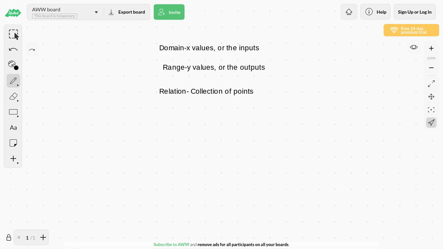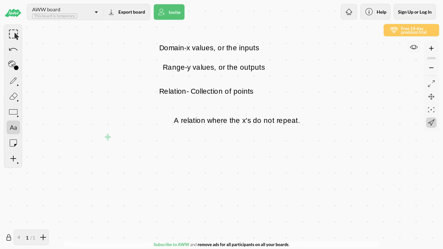Okay. And then a function. A function is a relation where the x's do not repeat.